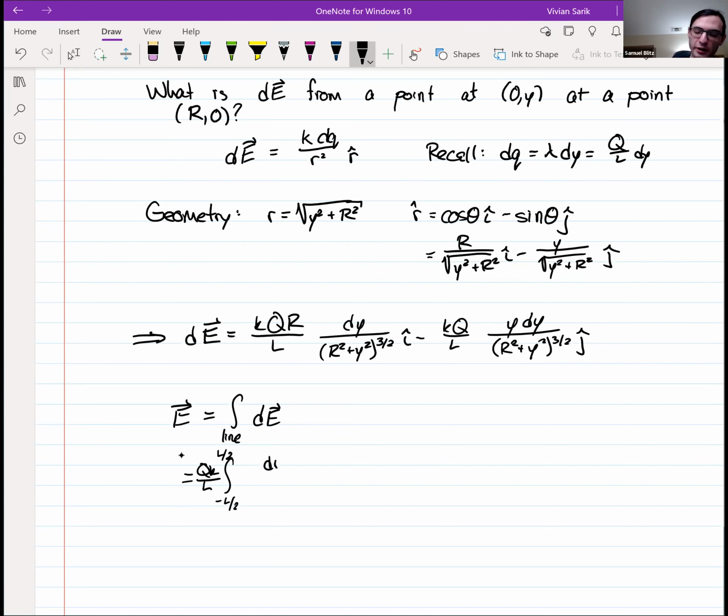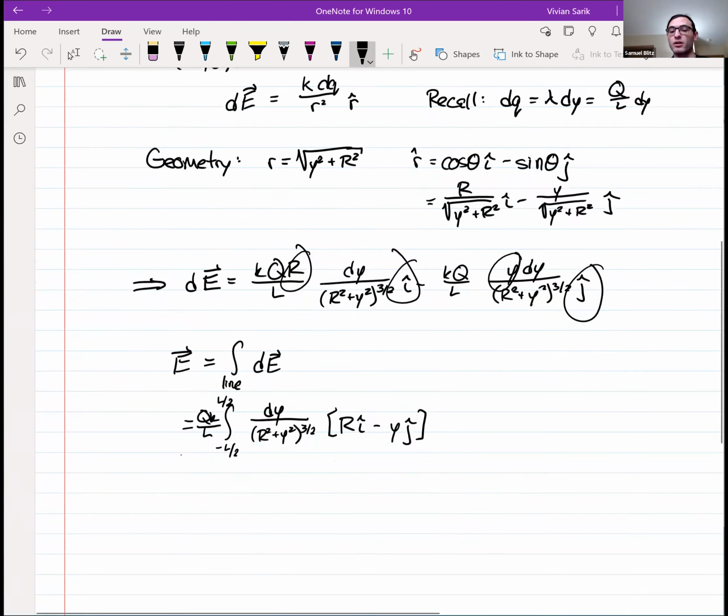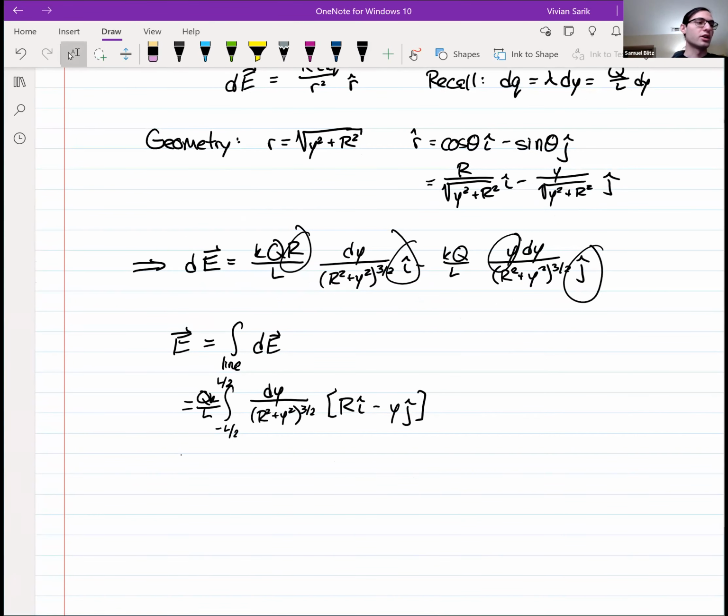We have dy over r squared plus y squared to the 3/2 times r in the i hat direction minus y in the j hat direction. So all I've done is factor out the like terms. There's a y here, there's an r here, that's the i hat, that's the j hat, and then everything else is the same for both terms. So I factored it out and made it a little bit simpler.